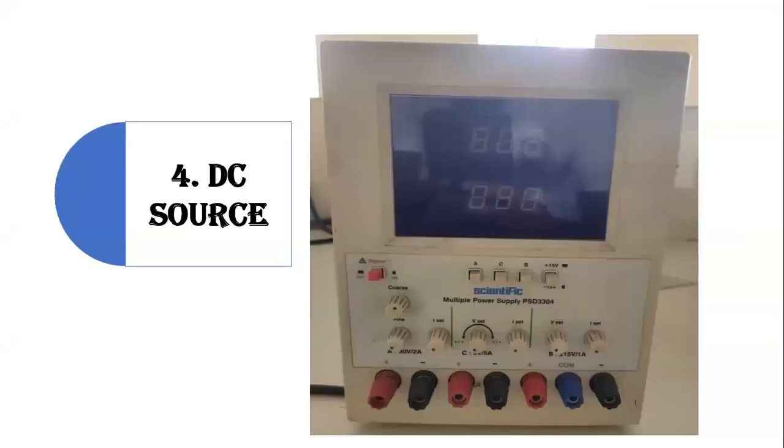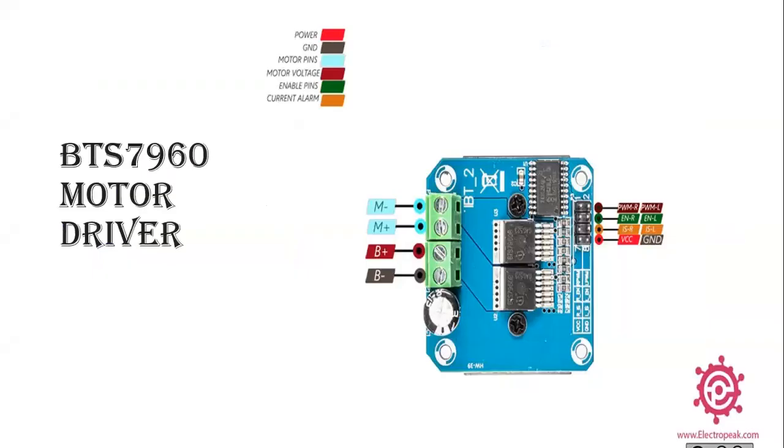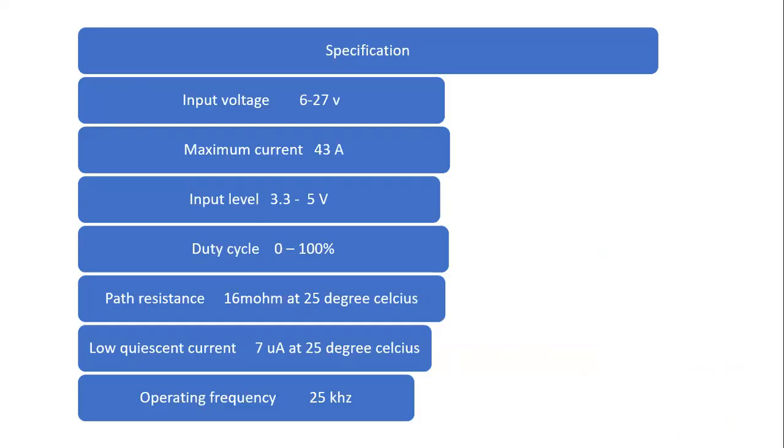The next one is the DC source, which we are going to use as a constant voltage source and constant current source. Now the next slide is our motor driver, named BTS 7960, which is connected by our Arduino to convert DC voltage to AC. It will be shown in the following slides.